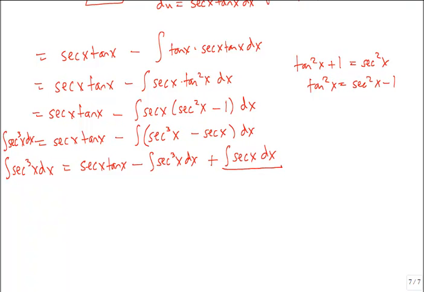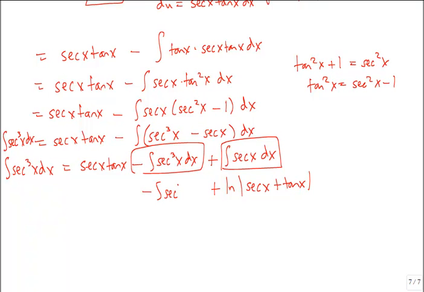Now this one I know how to do. That was that messy ln of the absolute value of secant x plus tangent x. This one I don't know how to do, but that is what is on the left-hand side over here already.